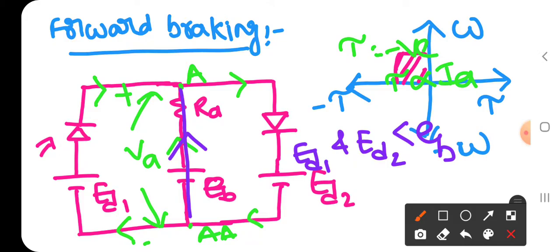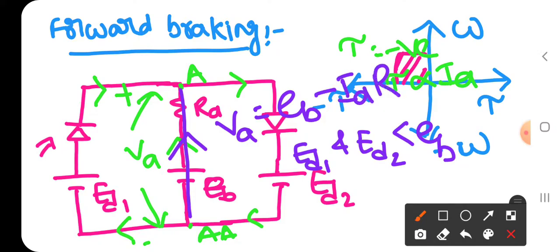Here you can write this equation as VA is equal to EB, as armature current is negative, minus IA into RA. Let's write the next line.